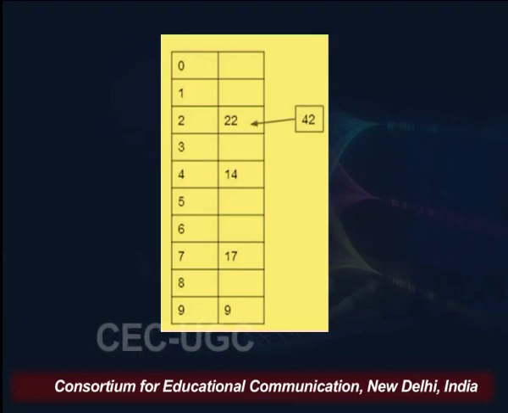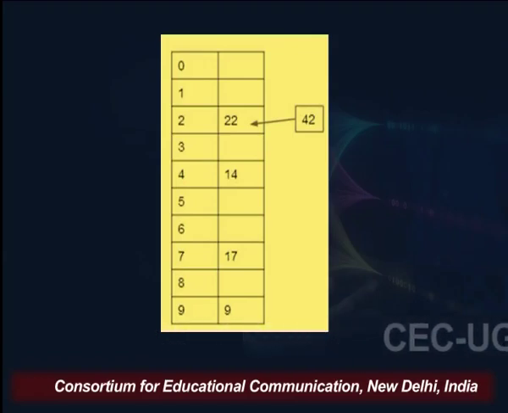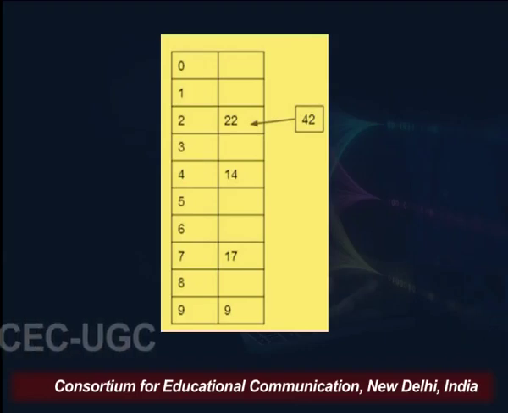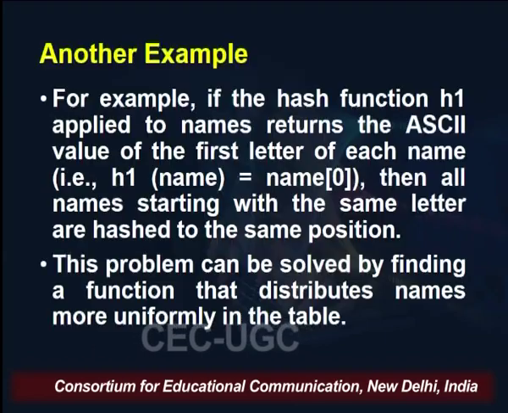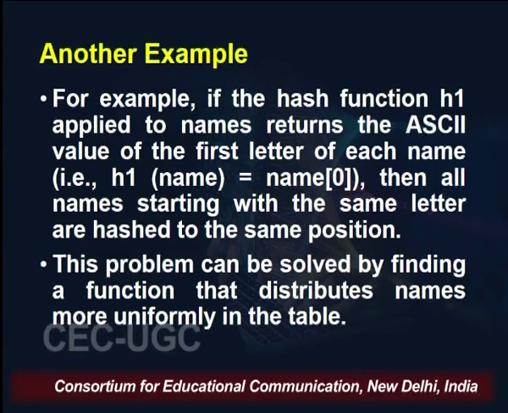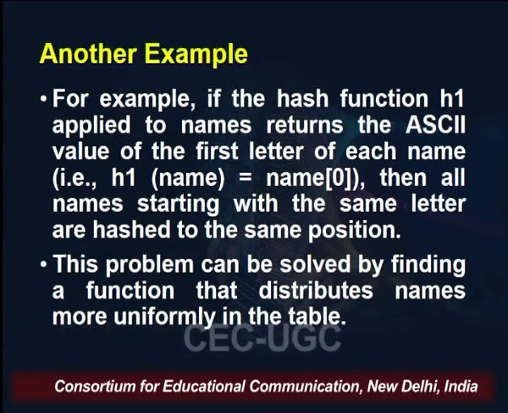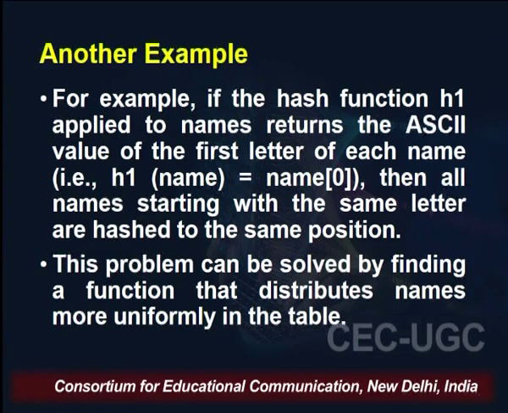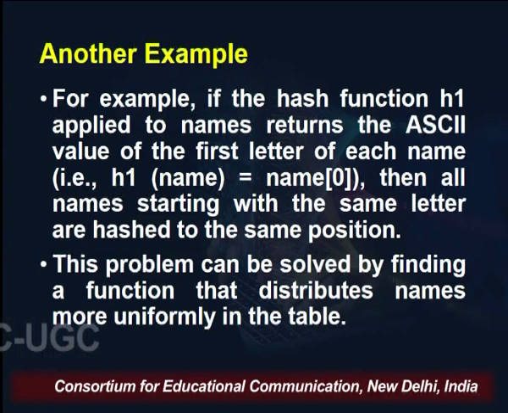Now let us try to explore this situation of collision in the case of, let us say, strings. When we talk about strings, let us say we have a function h1, which is applied to some group of strings, a group of characters. Let us say it is applied to names, and it is going to return the ASCII value of the first letter of each name.